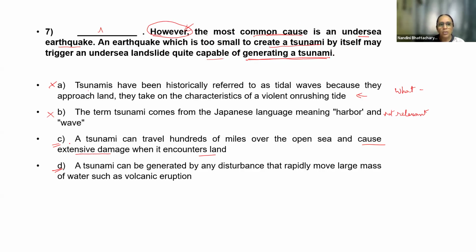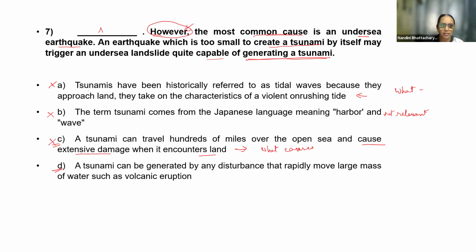So Shyam, C says a tsunami can travel hundreds of miles over the open sea and cause extensive damage when it encounters land. Is it talking about what causes a tsunami? No, right? So can this be your opening sentence?